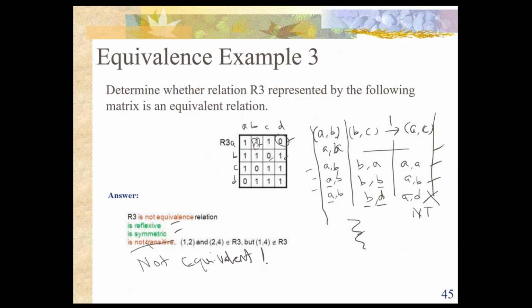So don't be afraid. Checking transitivity may look tedious, but the moment you find a non-transitive case, you can stop and conclude that the relation is not transitive. Therefore, the whole thing is not an equivalence relation, because equivalence requires it to be reflexive, symmetric and transitive.